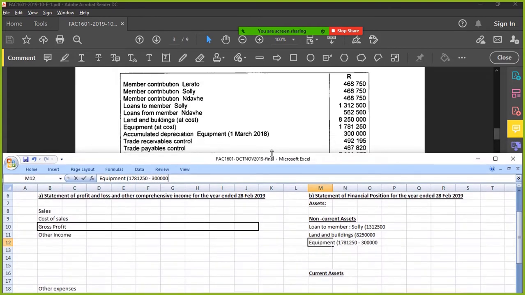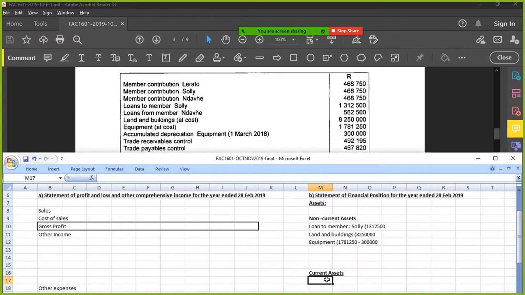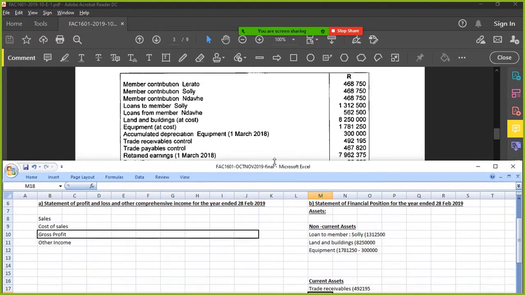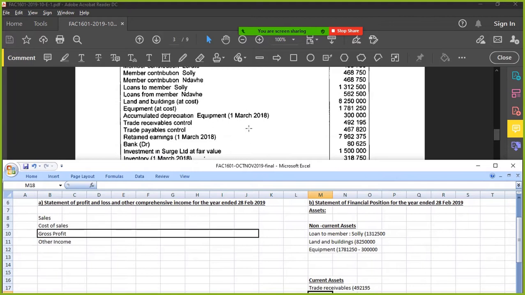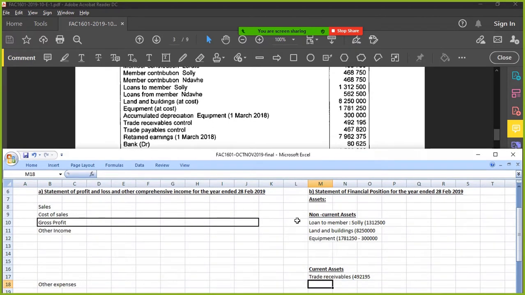Okay, trade receivables I need. This is 492195. Okay, trade payables is liability. Retained earnings is equity. Bank is an asset.